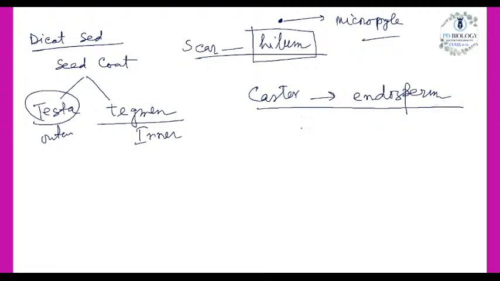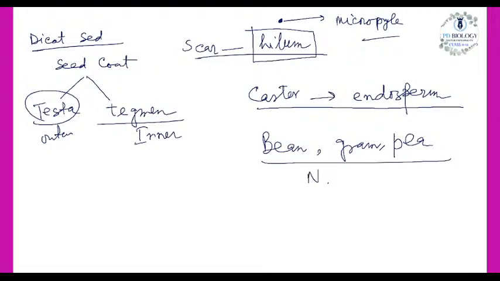Remember this one. In some plants such as the bean, the gram, the pea, these seeds are non-endospermous. Remember this one. Endosperm is not present in the mature seeds.